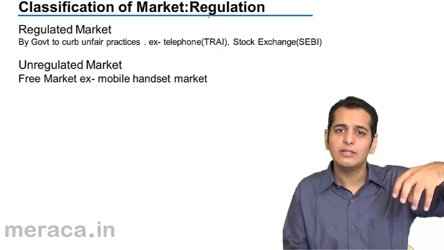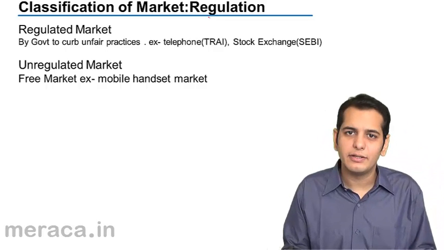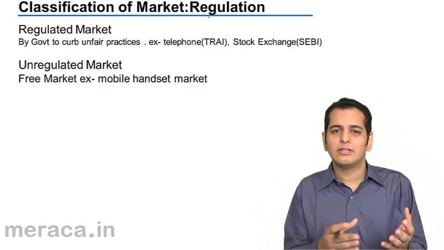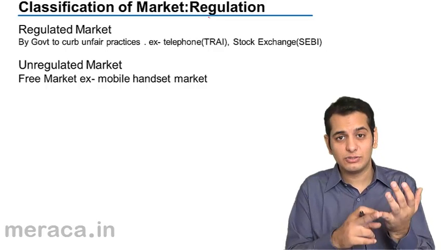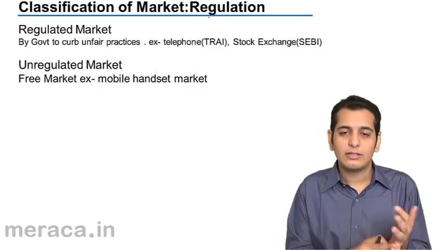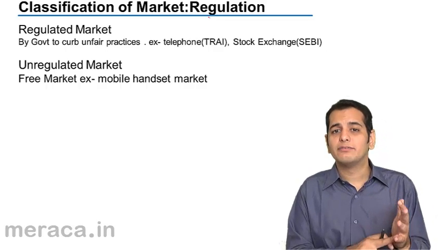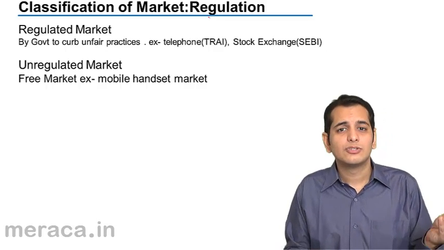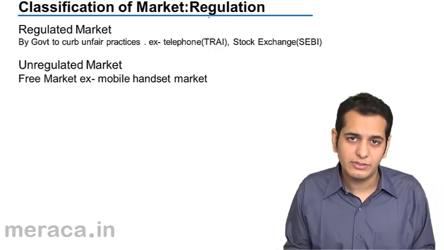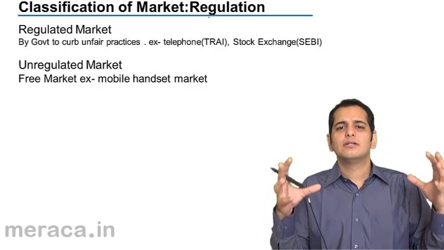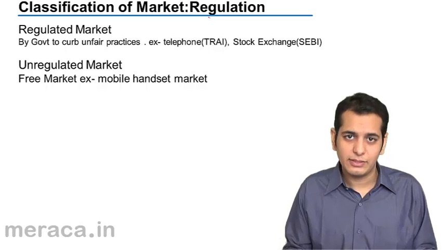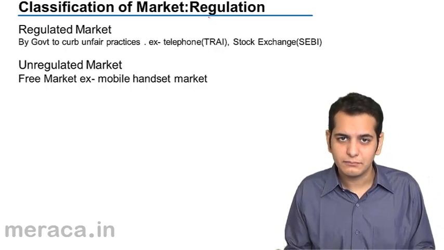It regulates the telecom markets in India. So these markets, like the banking market, which is regulated by RBI, the telecom market, which is regulated by TRAI, the insurance market, which is regulated by IRDA, and the stock market, which is regulated by SEBI, are regulated markets. They have a regulatory body.